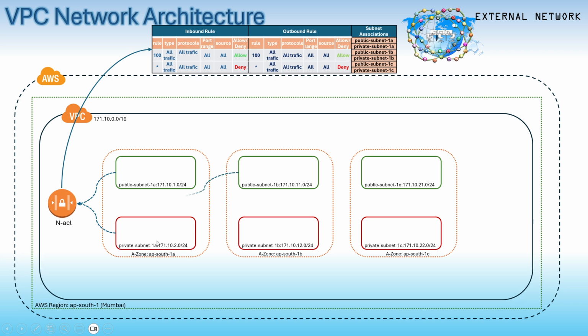The same goes for the private subnet, but it doesn't give you permission to connect with an EC2 machine. It may say that you can connect, but it actually cannot open the firewall of the actual machines.